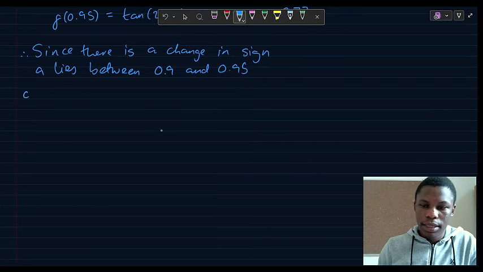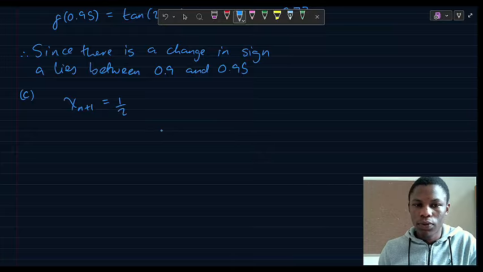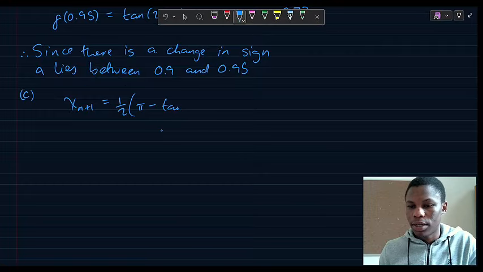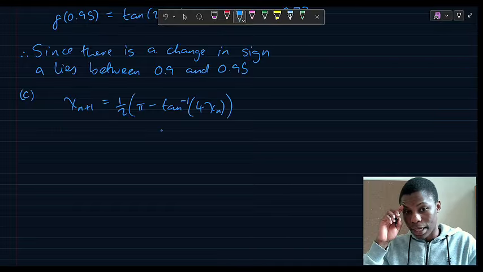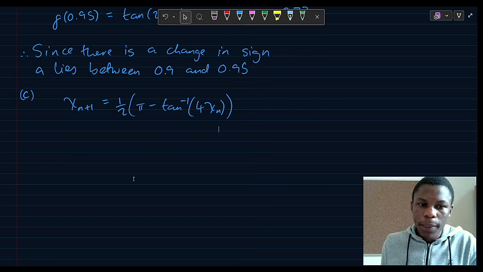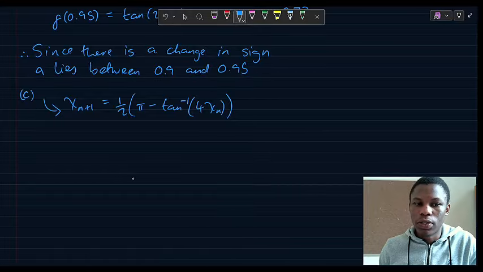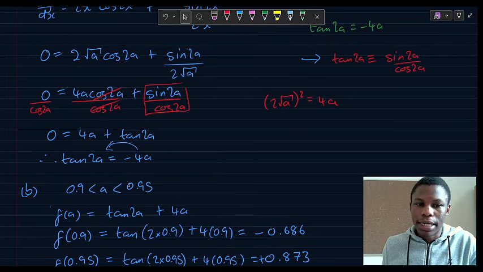Now part C says, show that if a sequence of values given by the iterative formula x n plus 1 is equal to 1 over 2 pi minus arctan of 4x n converges, then it converges to a. So what they're saying is that if I carry out all my iterations here and I get a solution from this equation, does that mean that that solution is the same as the solution to this equation from part A?